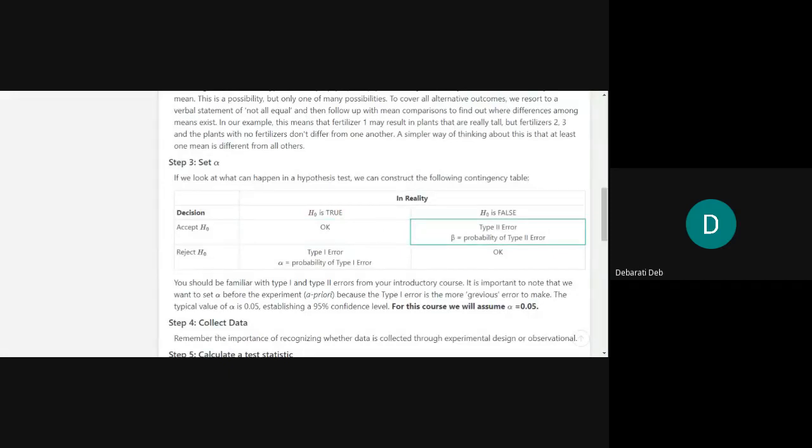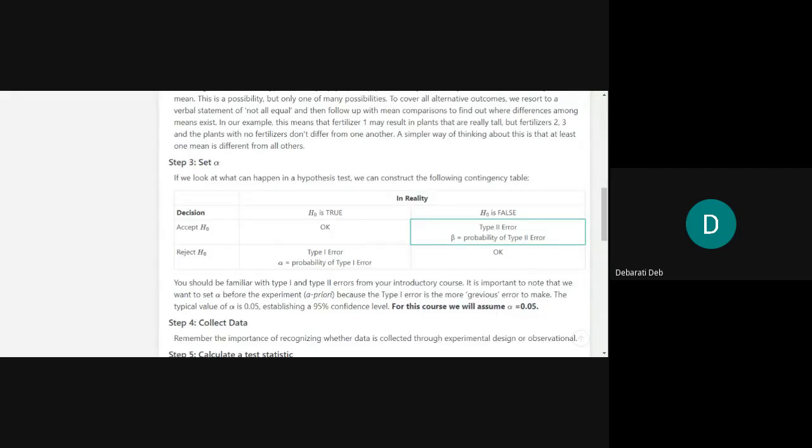But in reality, suppose H naught is false, but according to your calculation, you are accepting H naught, then it means you are making a type 2 error. Remember, this may come in your examination. Explain type 2 error. Type 2 error is when you accept H naught when in reality it is false.